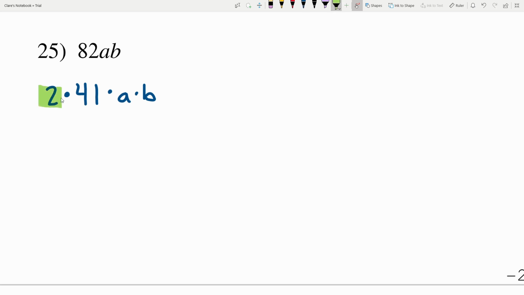Now, 2 is prime, 41 is also prime, and a and b are our variables that can't be simplified down any further. So 2 times 41 times a times b is my solution in number 25. And I know that 41 is prime because the only factors of 41 are 1 and 41. No other whole number divides evenly into 41.